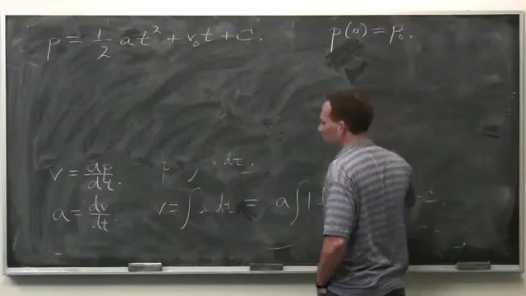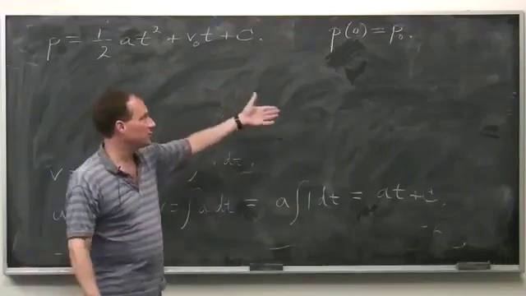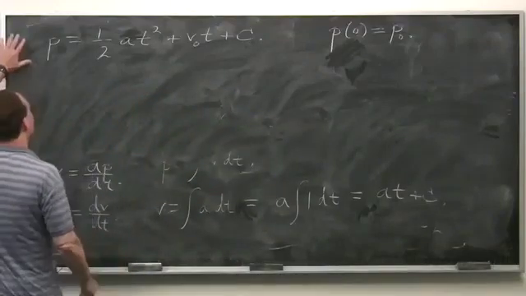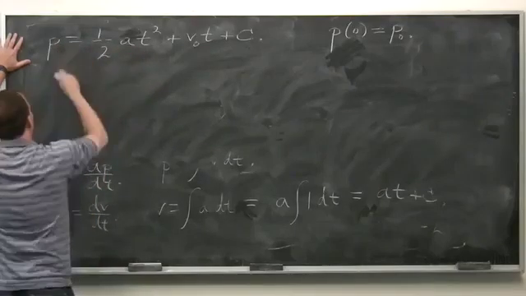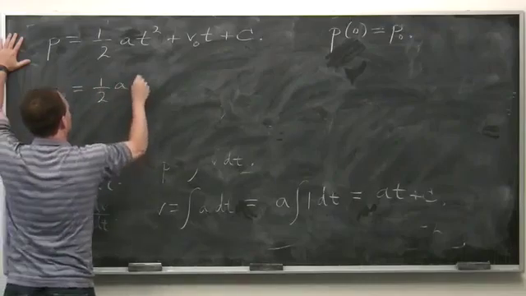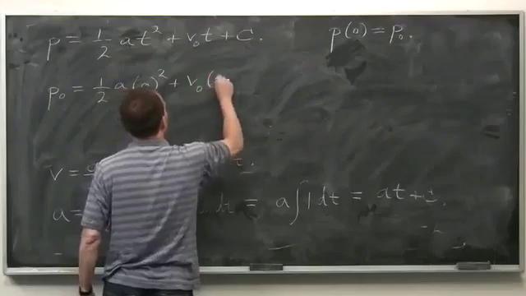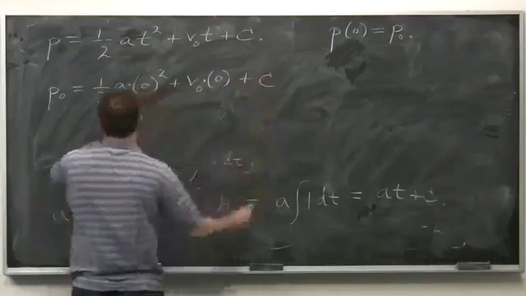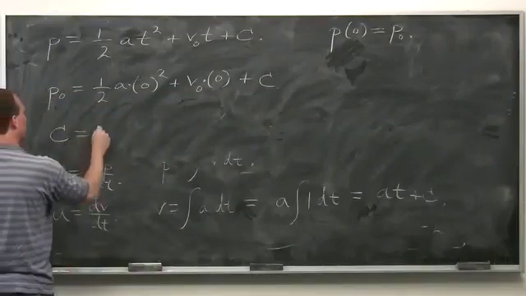P at time 0 is p naught. It says the position at time 0 equals the position at time 0. That's certainly true. But if you plug that in here, then when t is 0, p is p naught. You get p naught equals 1/2 a times 0 squared plus v naught times 0 plus c. Well, this is 0, so you just get c as p naught.